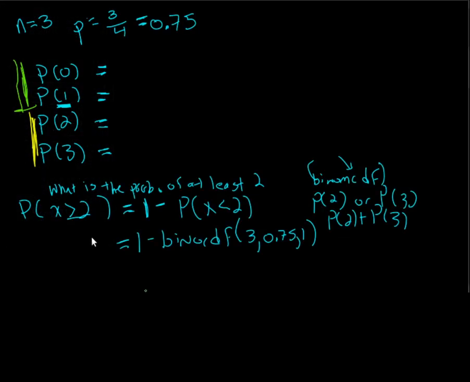If you don't get the menu option, some of the TI-84s without the plus, when you choose the binom CDF, it'll just plop you down to the parentheses. So it's the number of trials, comma, the probability of success per each trial, comma, your x value. And it gives me 0.84375.